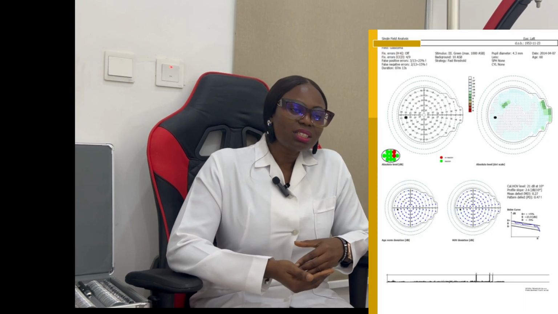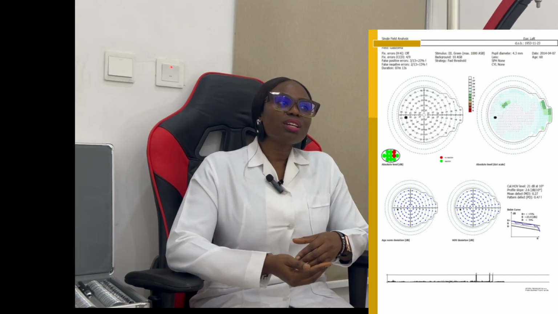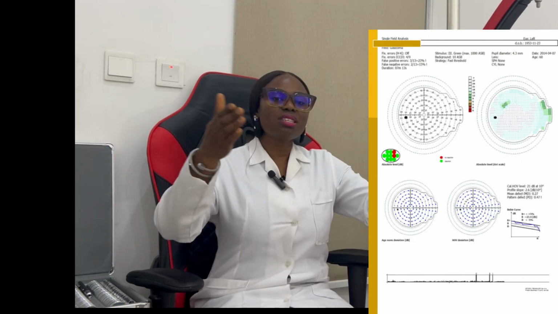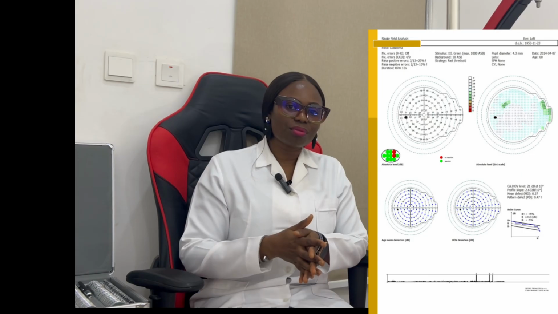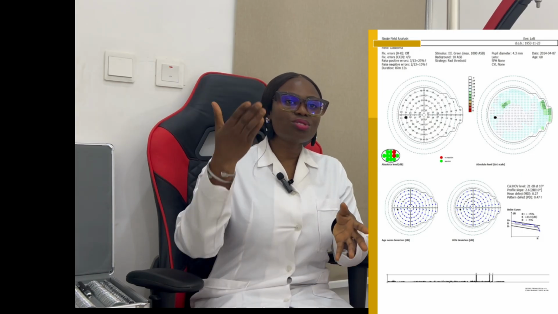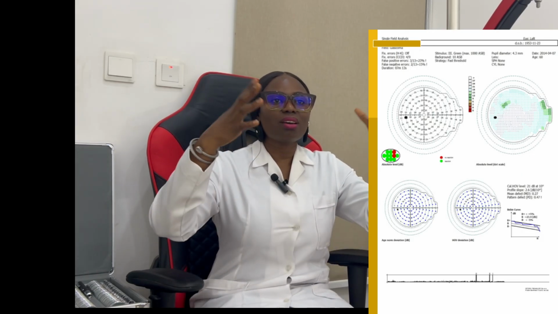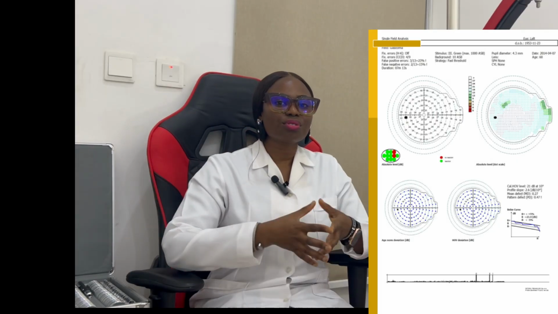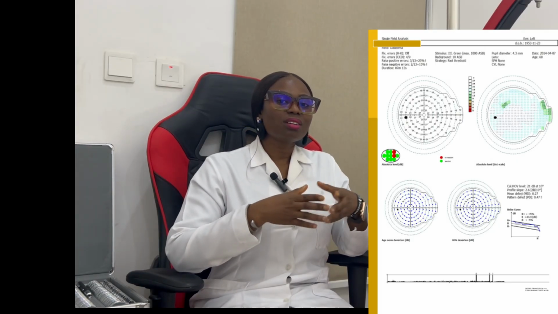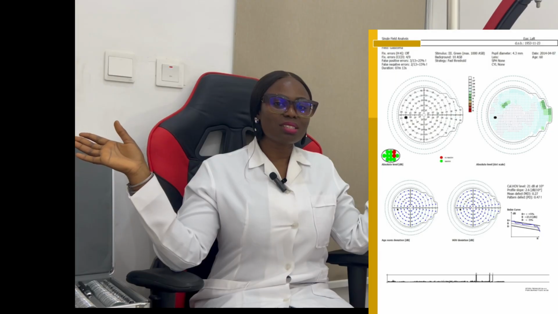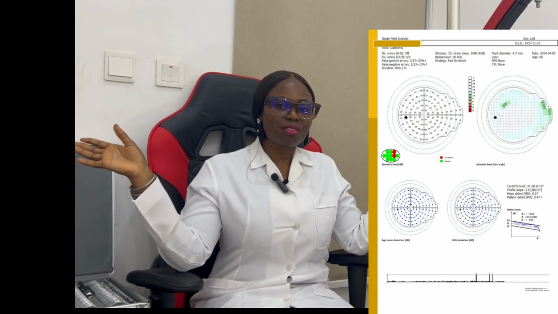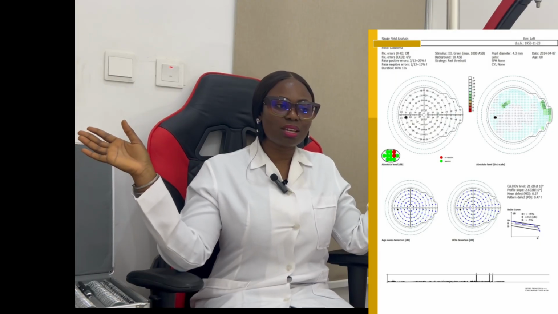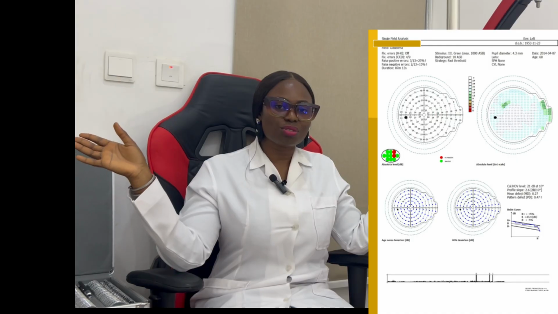The next test is what we call the central visual field. This test is trying to measure what you can see in your field of view when you're looking straight ahead. Because in glaucoma, damage starts from the sides, that's the peripheral part of your vision.